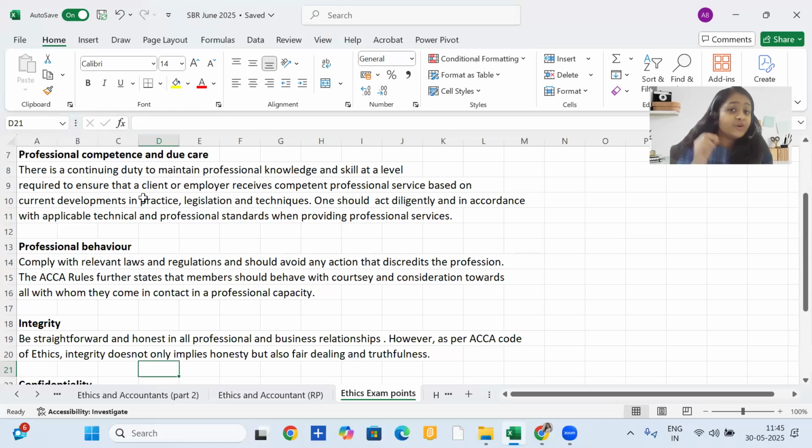Also, ACCA further indicates that the member is required to behave with courtesy and consideration towards everyone they come in contact with in their professional capacity. That means they exhibit professional behavior not just in the professional work that they are doing, but also in the way that they behave with other professionals.